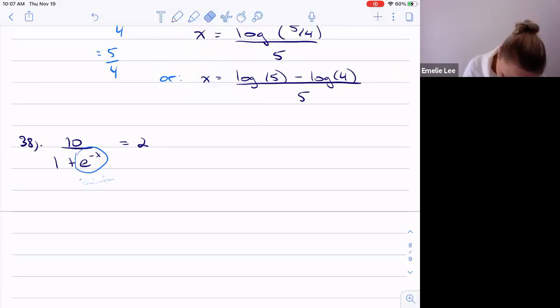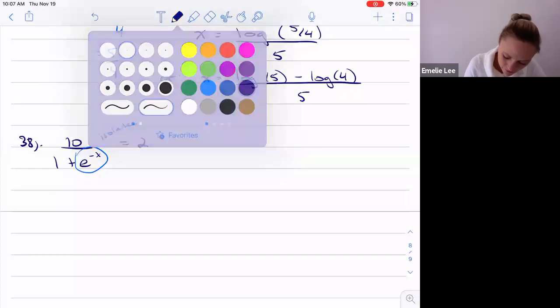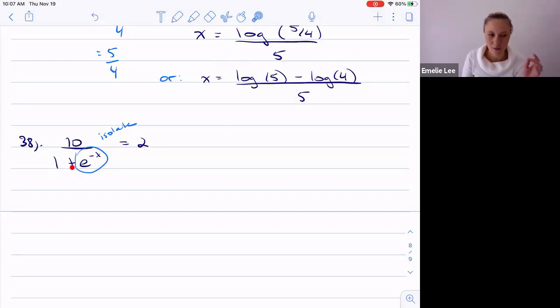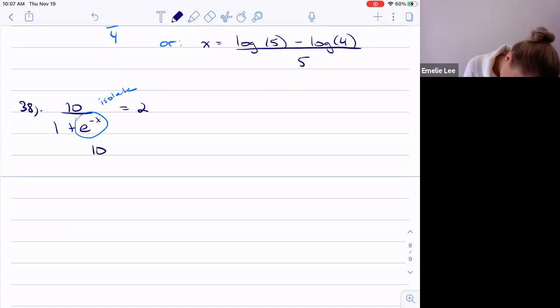Actually, I'll move this, say that up above. So laws of exponents, or sorry, just order of operations is what I wanted to say. It says that if I need to isolate 1 plus e to the negative x, I can multiply that over to the other side, and I get 10 is 2 times 1 plus e to the negative x.